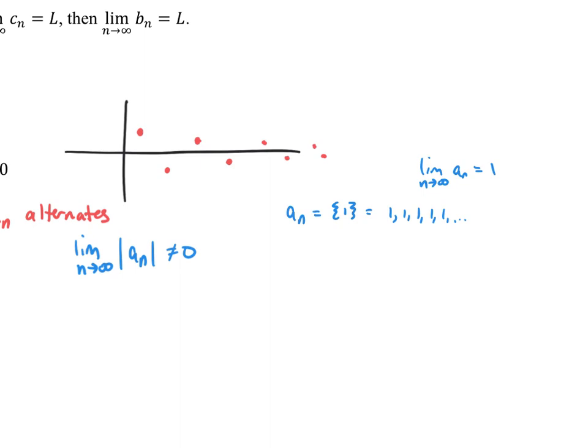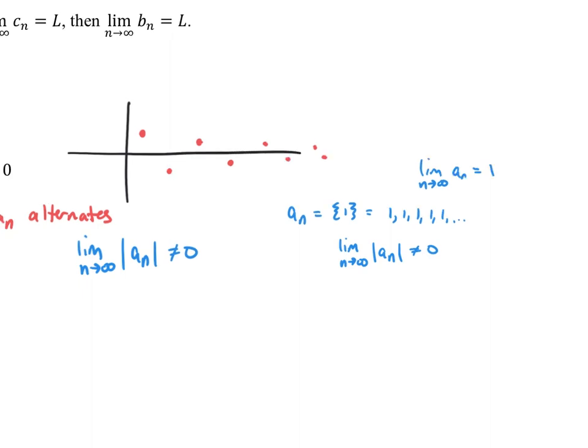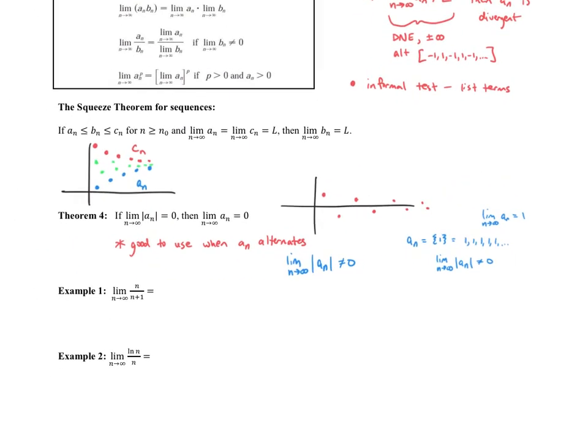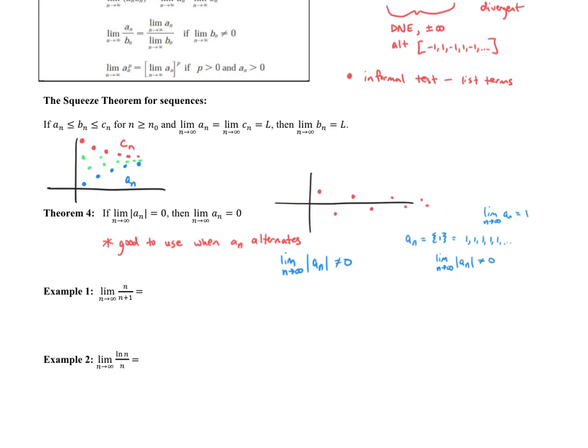So this is convergent to 1. If you were to take the limit as n goes to infinity of the absolute value of a sub n, you do not get 0, you get 1. However, sometimes when we read a theorem like this, we think that the opposite tells us something, and it doesn't in this case. We can only take the theorem for the face value of what it's worth right now.